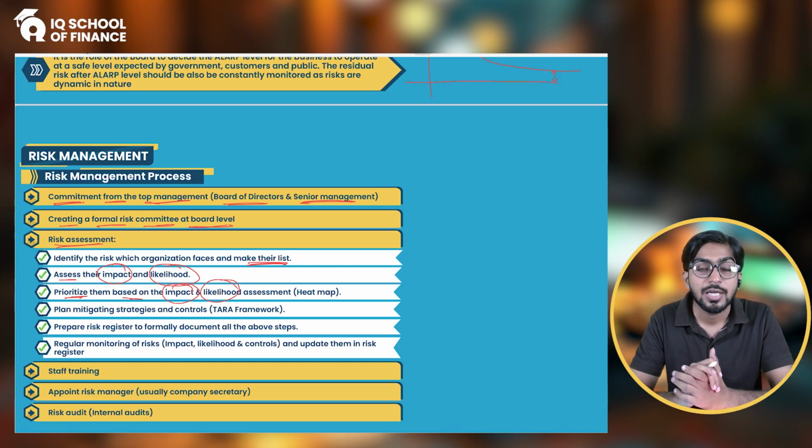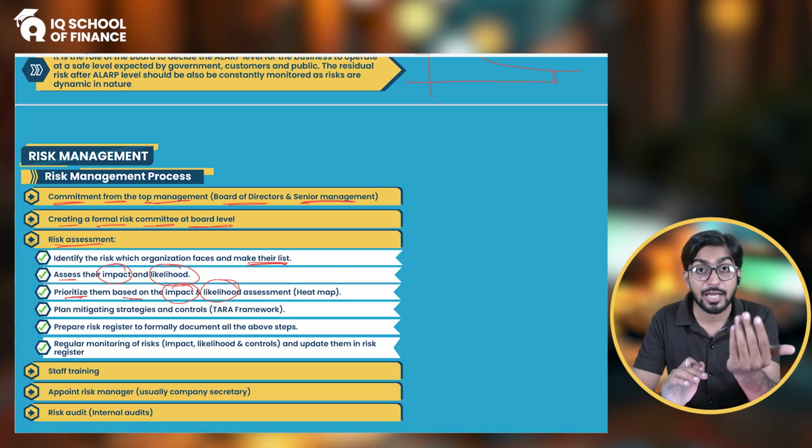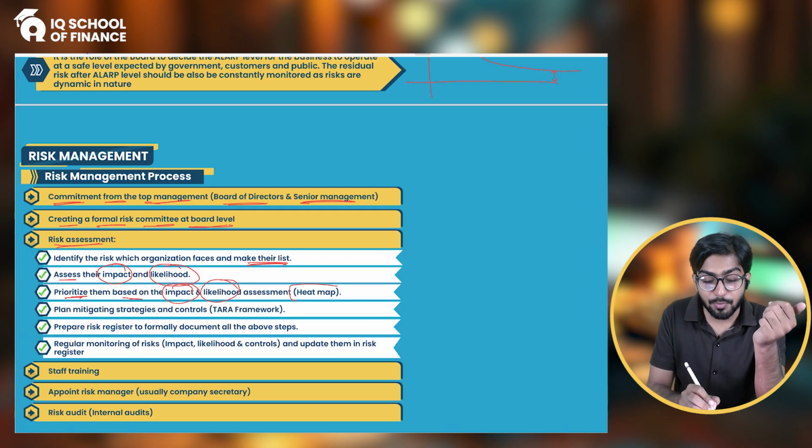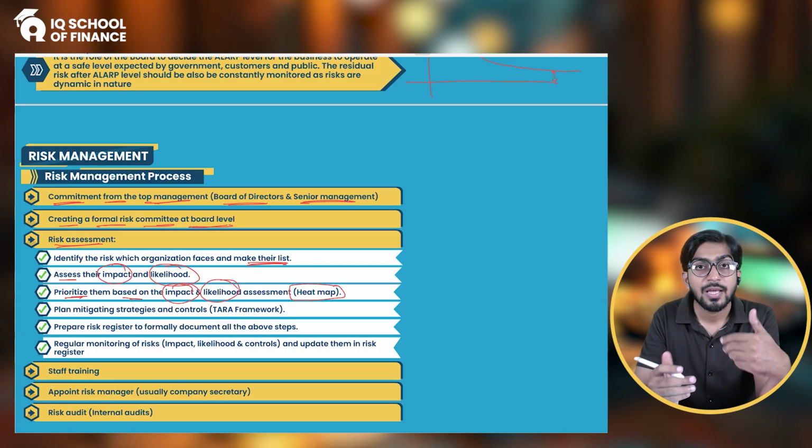First you identify them, then you assess their likelihood and impact, and then you rank them in order of which is most serious for you. And there is a model called the heat map, which we will study in the next lecture. It is also used to rank the risks in order of which is serious, which is less serious, and lesser and lesser.